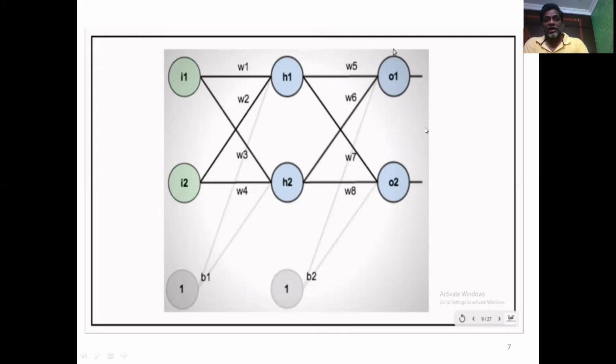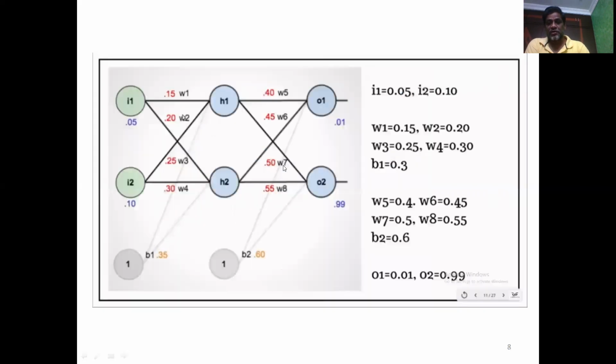Now let us take a sample input and the corresponding target outputs for this neural network, and then with some initialized random weights, we will try to design this backpropagation neural network. So here is the sample data we are assuming for understanding our backpropagation algorithm steps.